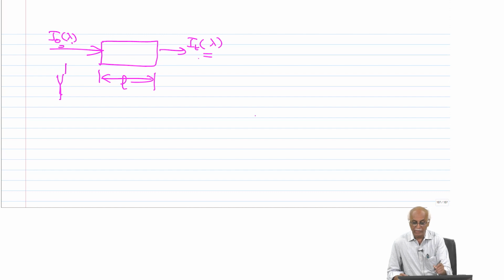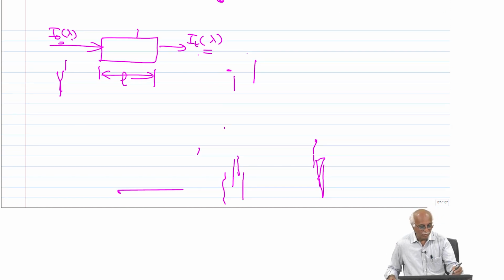So if this is the input, and we know the transmission, from input and output, we can capture the information about a particular trace gas which has an absorption band matching with this input wavelength.